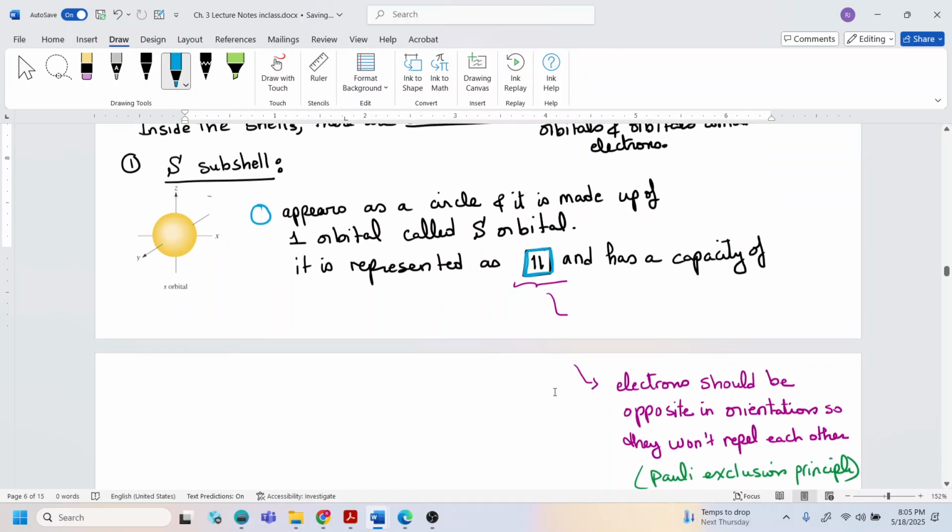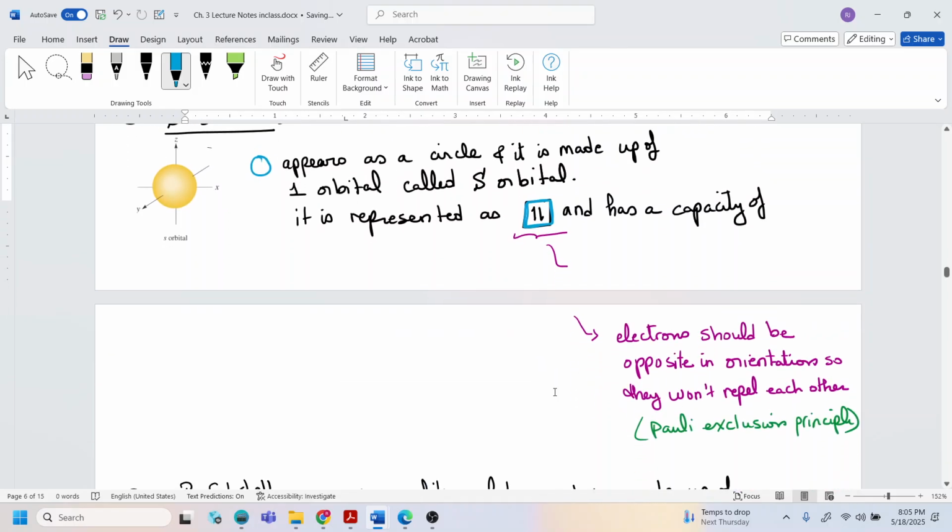When you want to fit electrons in, you have to remember that you're fitting 2 electrons in one orbital. These 2 electrons need to have opposite orientation so that they will not repel each other. So I'm going to start with the first electron in the upward orientation, and then the second electron in the opposite orientation so that they have different spins.